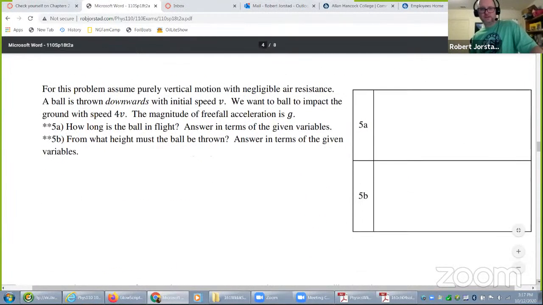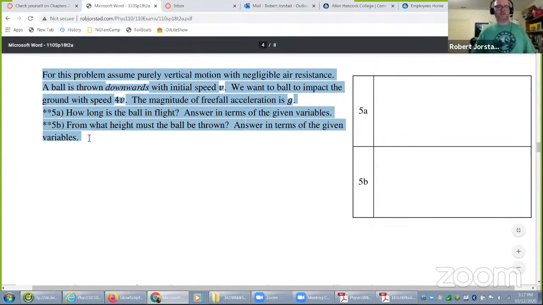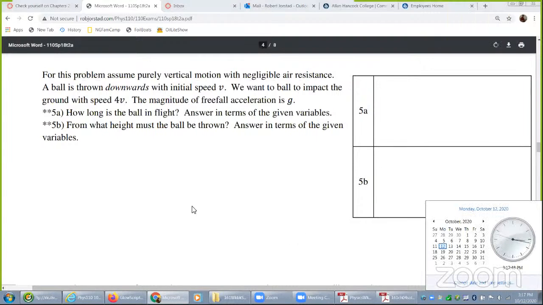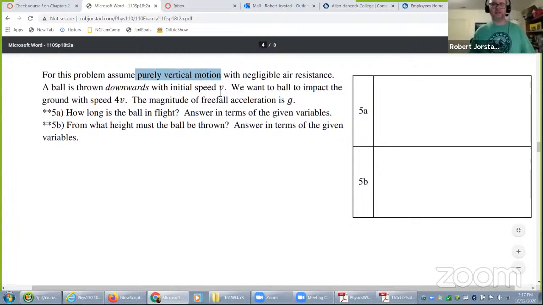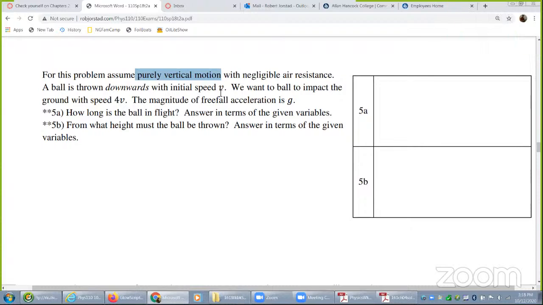This one was a surprisingly good question. What type of problem does this look like? I'll give you a second. 1D. Oh, how could you tell? What's the thing that gives it away? Purely vertical motion. Yep, purely vertical motion. If it's purely vertical, we don't have delta x. In that case, what's the velocity at max height? 0. Is it always 0 at max height?